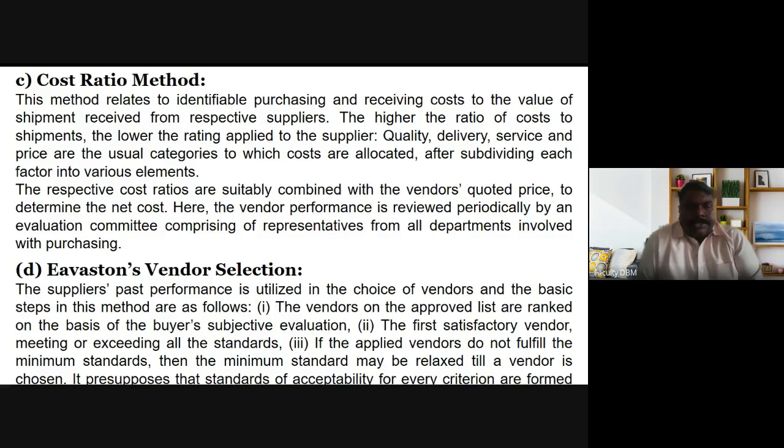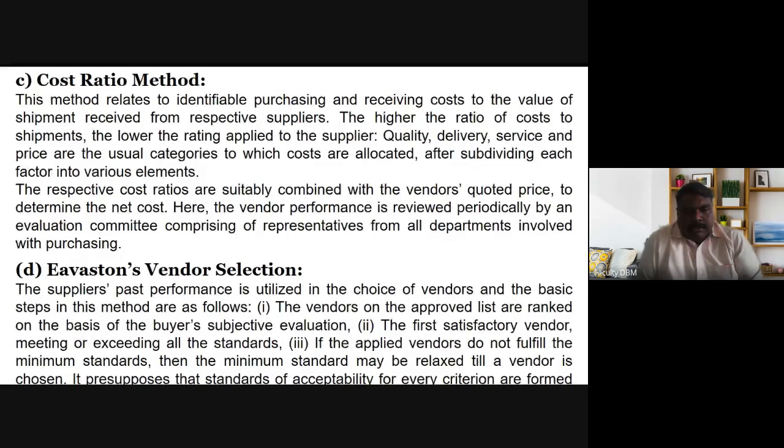Next is the vendor selection based on past performance. The supplier's past performance is utilized in the choice of vendors, and we have basic steps in this method. The vendors are approved, listed or ranked on the basis of the buyer's subjective evaluation. The first satisfactory vendor meeting or exceeding all the standards is chosen. If applied vendors do not meet the minimum standards, then the minimum standards may be relaxed till a vendor is chosen.